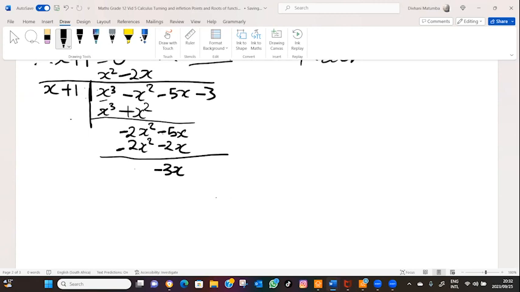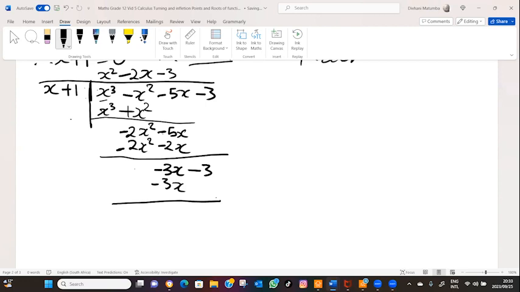Again, we're going to bring the following term down, which is 3. All right. Now, minus 3x divided by x. Once again, this will be minus 3. Now, minus 3 times x will be minus 3x.